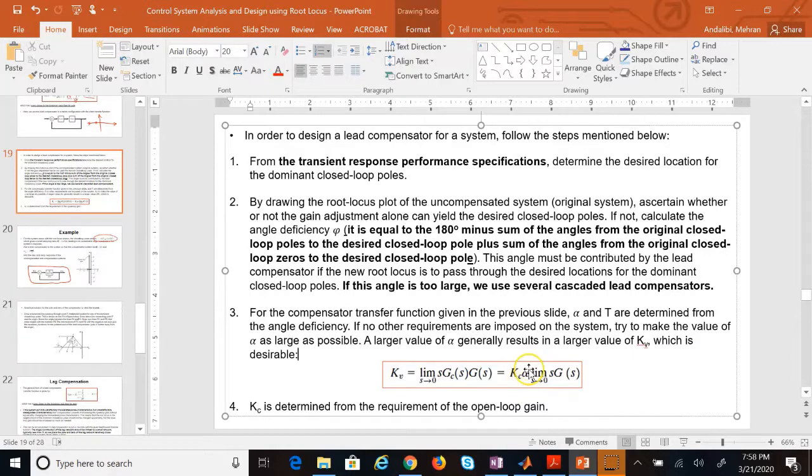Depends on parameter alpha and the limit of SGS. So it does depend on alpha, and it's linearly proportional. So if I make alpha 2 times bigger, it makes kV 2 times bigger. And what's good about that? We know the bigger the kV, the smaller the steady state error. So let me show you this very fast, and then we go and talk about how to determine alpha and T.